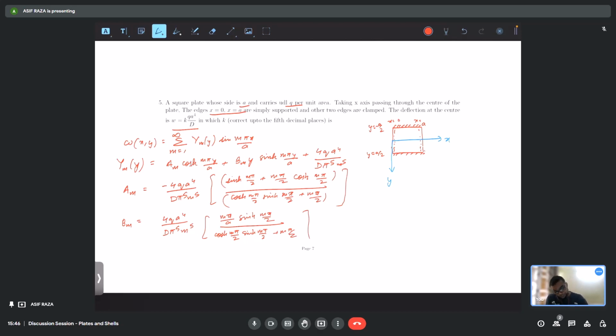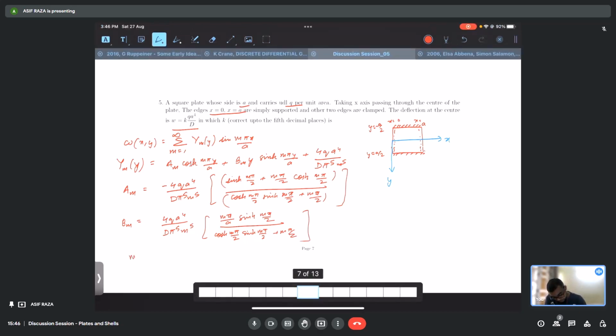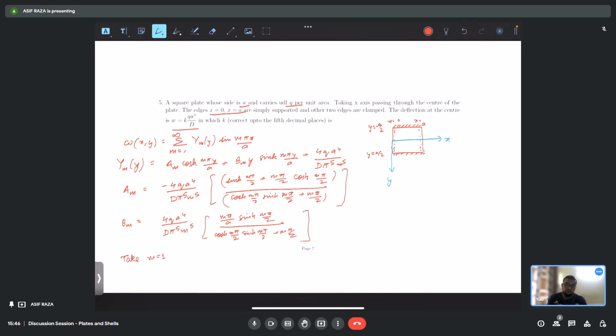So if we take m equal to 1, and we have to find the deflection at the center, the center is at x equal to a by 2 and y equal to 0. So take m equal to 1, x equal to a by 2 and y equal to 0.